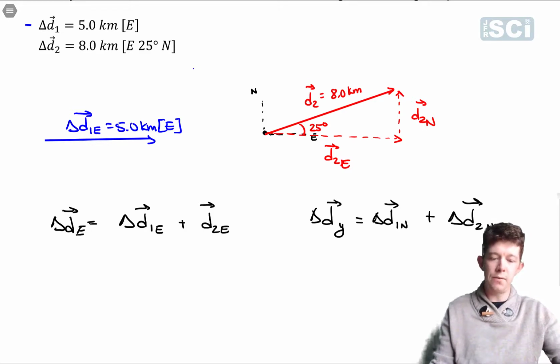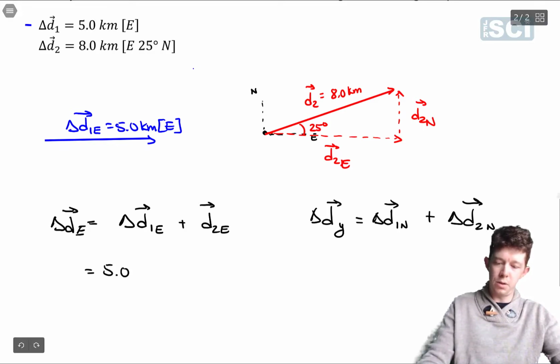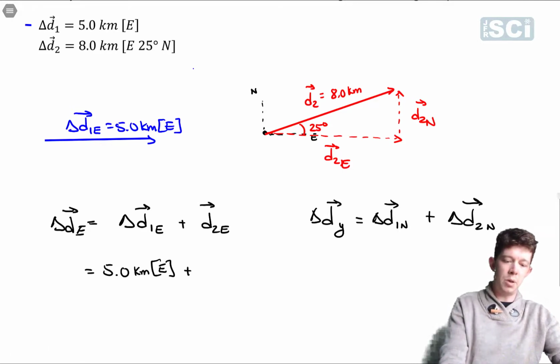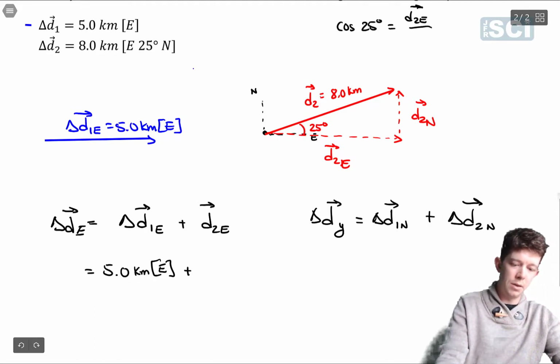If I'm looking for the x component of them, the first one's easy. It's 5.0 kilometers east. Plus the second one, the x component of this, again, if I use the cosine, I'm going to get cosine 25 degrees is equal to d2 east divided by the hypotenuse, which is 8 kilometers.